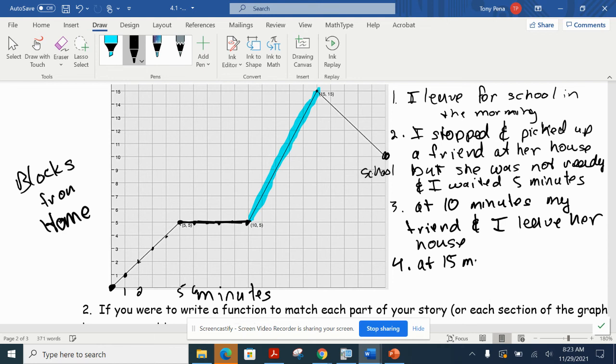At 15 minutes, we pick up another friend. That gets us to right here. And then all 3 of us walk to school.